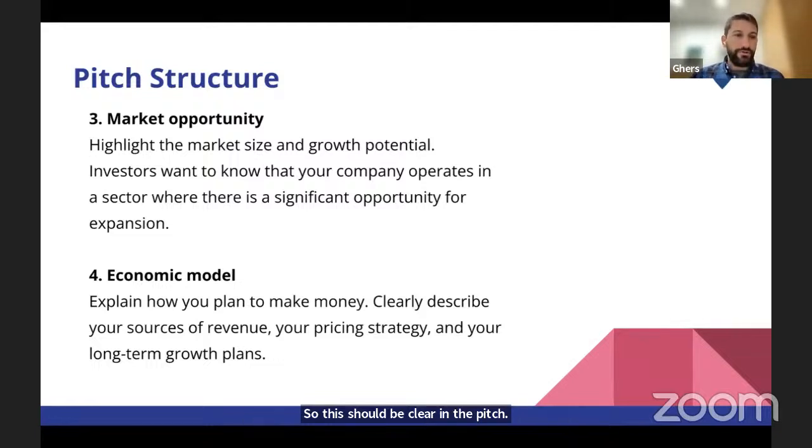The economic model: you need to explain how it is that you are planning to make money. Clearly describe your sources of revenue, your pricing strategy, your long-term plans.